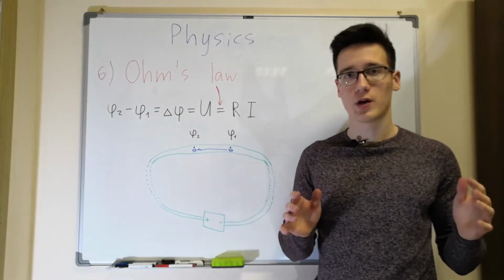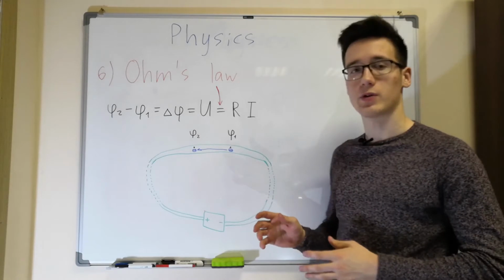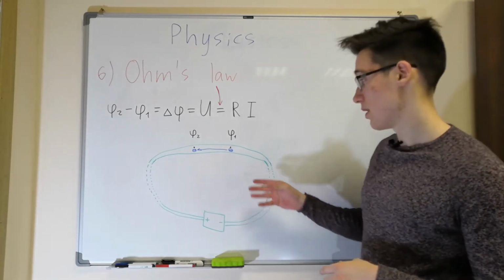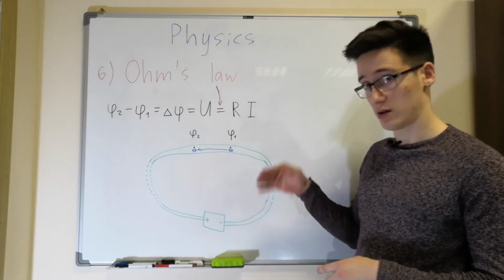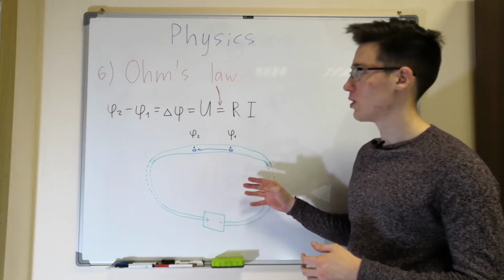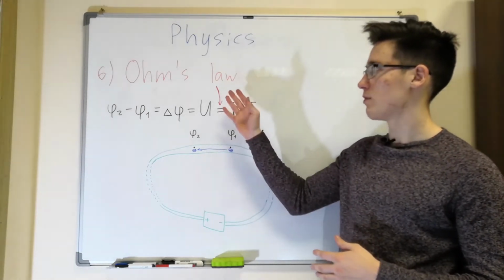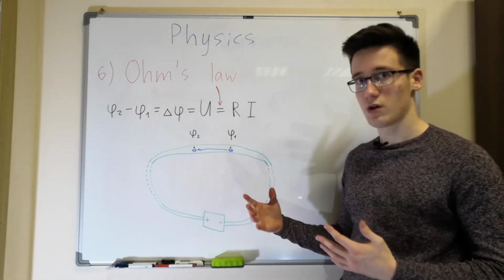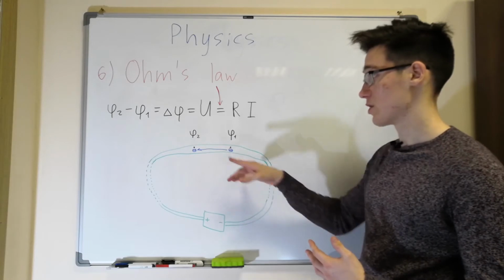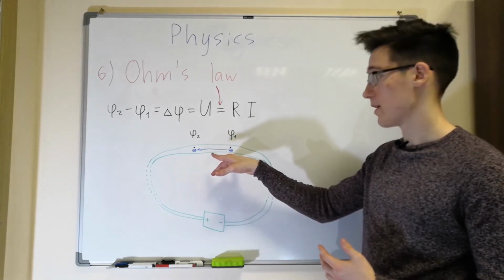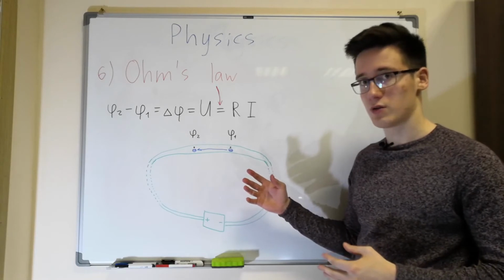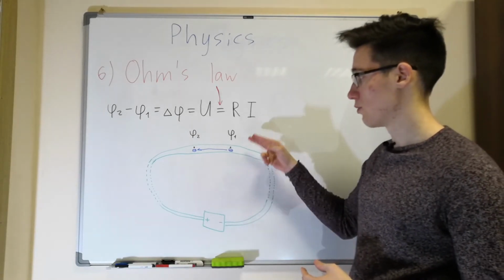Now, if we look at the potential difference between 2 points in space inside a wire in an electric circuit, we will arrive at Ohm's law, which states that the voltage, which is basically the potential difference between any 2 points in a wire, is proportional to the current through this wire.